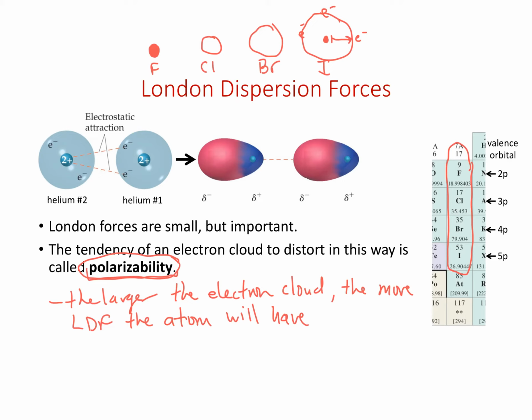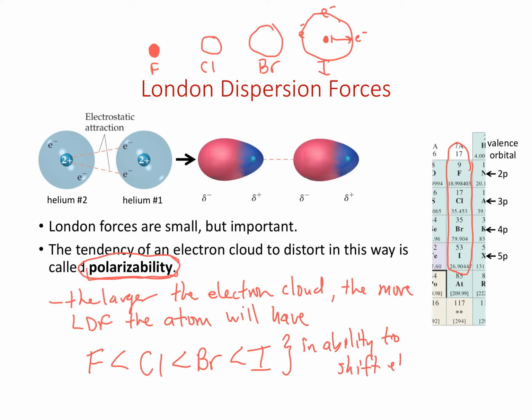So if I were to rank the polarizability, right, fluorine would be the least polarizable, chlorine would be next, bromine would be after that, and then iodine would be the most polarizable atom available. And again, that's just the ability to shift electron density.